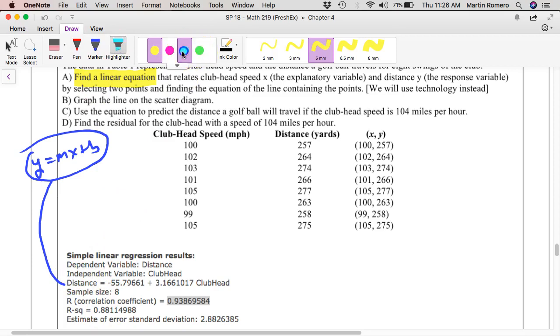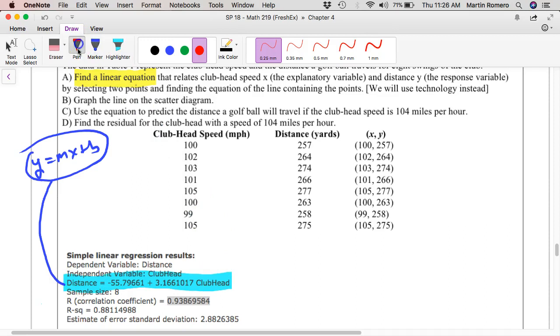The equation that we're looking at is right there. This is your x value, and this is your y value. So distance is equal to some value, in this case negative 55.70966, plus 3.16. So this is related to each other where we have some values here.